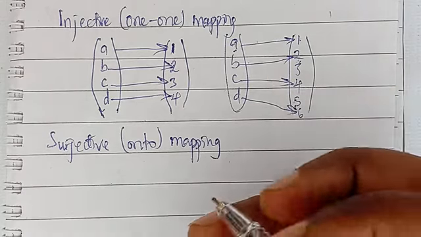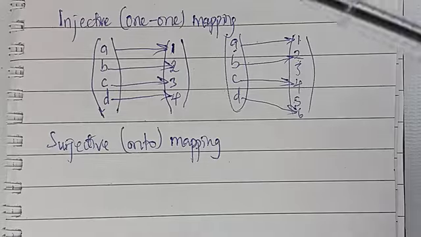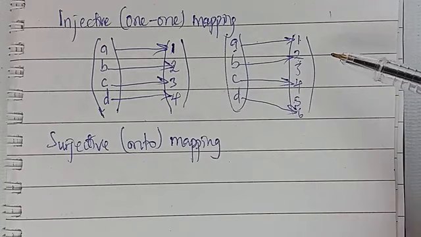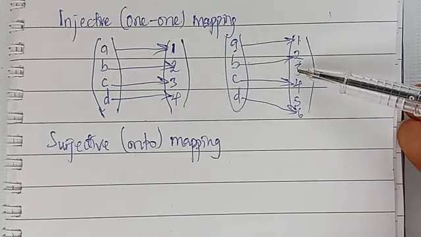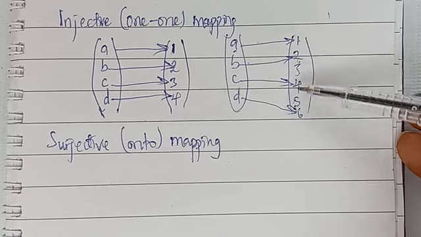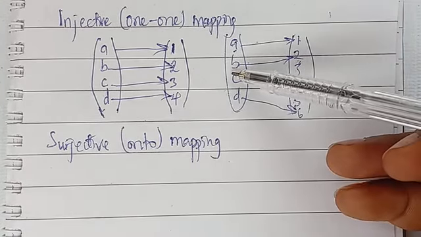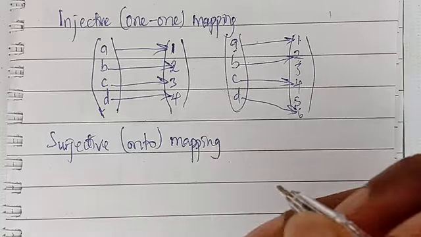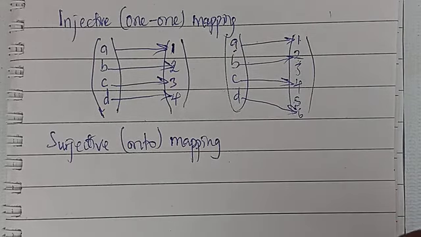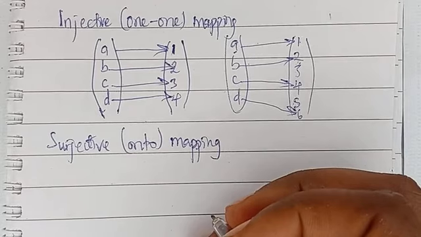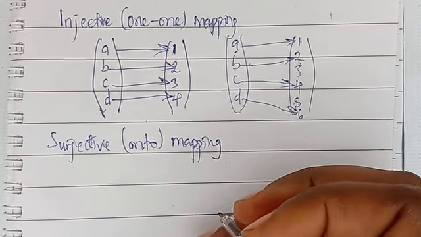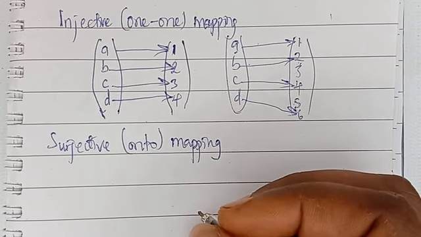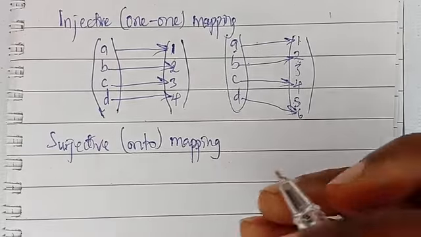For onto mapping, what we have to check is that the codomain elements are all mapped out. This can't be an onto mapping because some members of this set are not mapped to by the domain elements. For surjective mapping, all we need to see is that the range is equal to the codomain set.